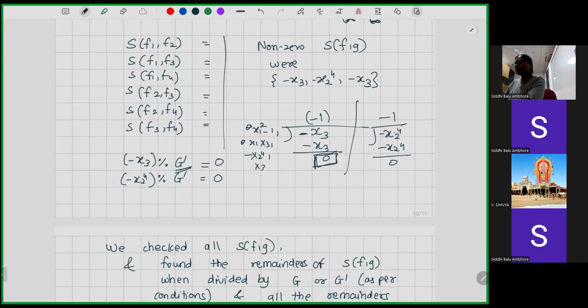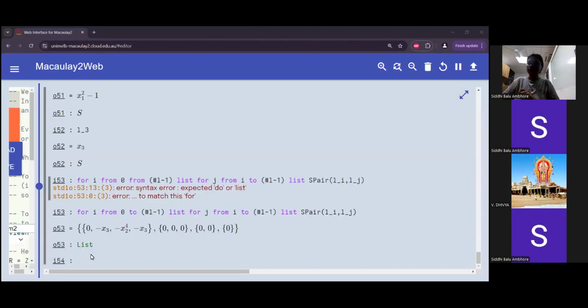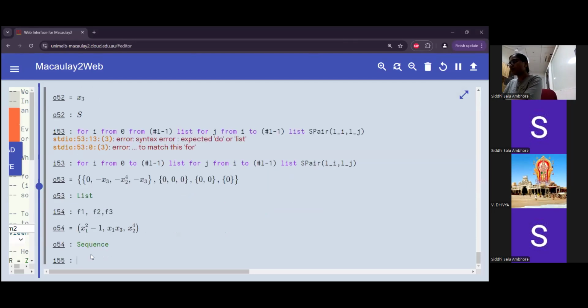So let I be this ideal. Remember, F1, F2, F3 are these elements. So let us define this I. This is what my G was initially.